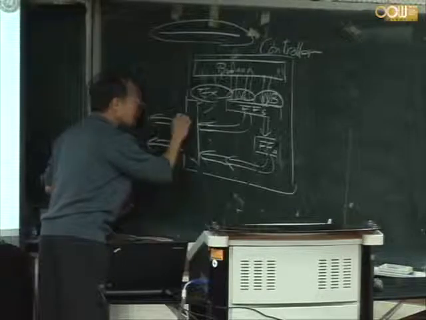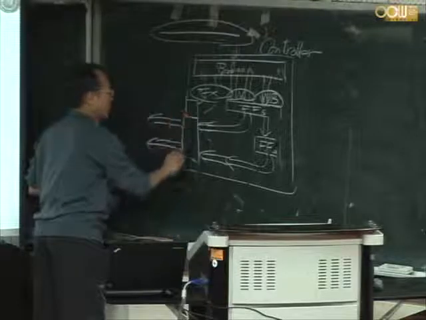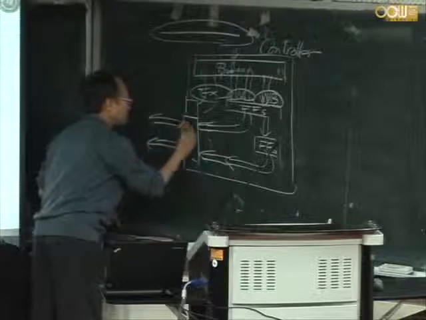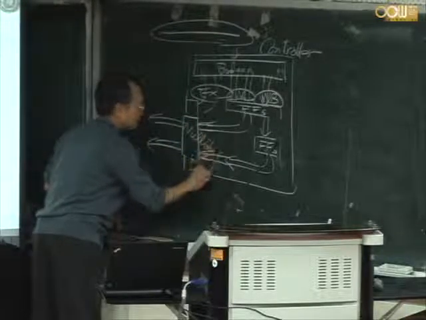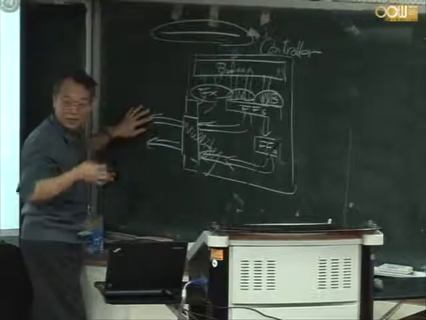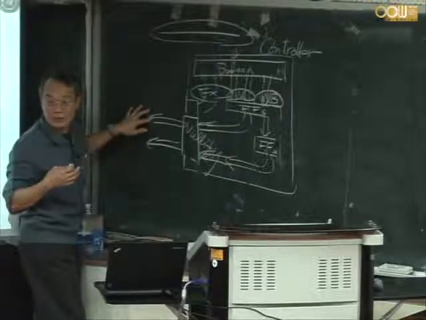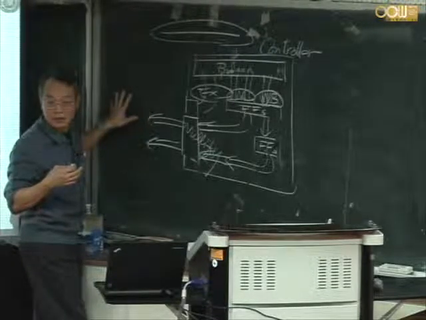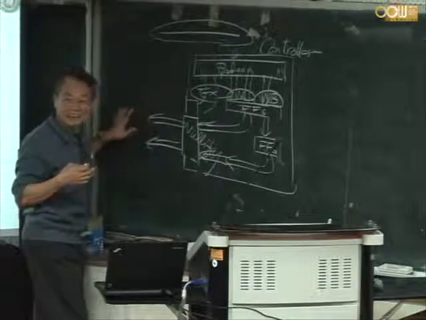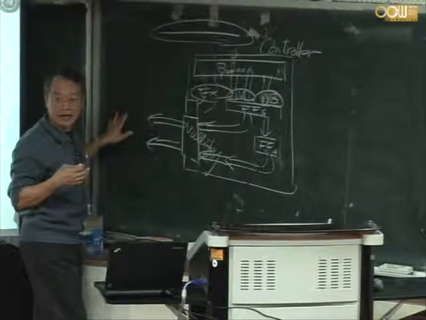So maybe at the execution stage, I need to somehow nullify these bits such that they will not make any bad things happen in the data path. By the word nullify, I mean maybe deactivate those components or transportations in the data path.